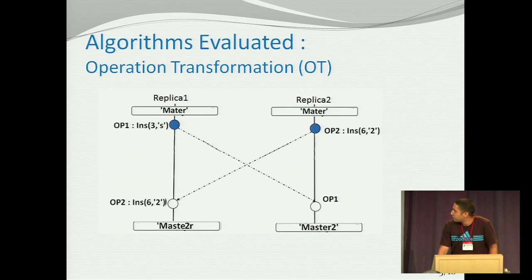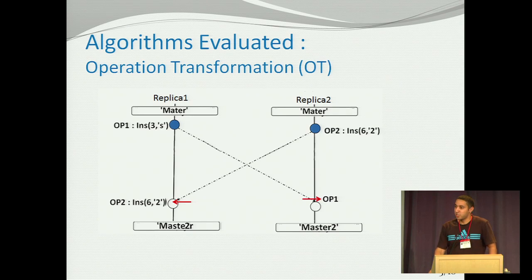For example, when we have two users inserting at the same time two operations. User one inserts, for example, a character at position 3, and user two inserts character 2 at position 6. After sending a message, if replica 1 does not take into account the effect of concurrent operation OP1, replica 1 inserts OP2 at position 6, and the document is master 2R instead of master 2.